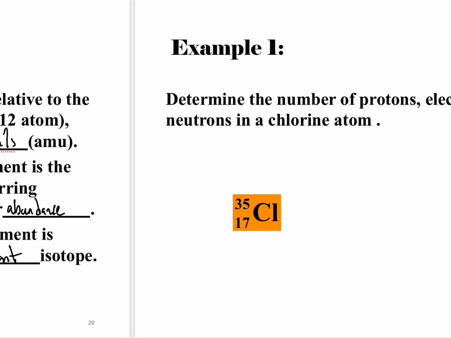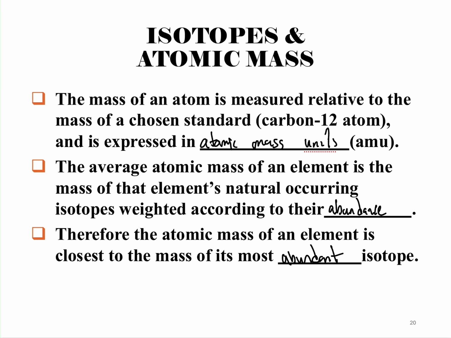If you have something like hydrogen, and we had the three different isotopes, protium, tritium, and deuterium.